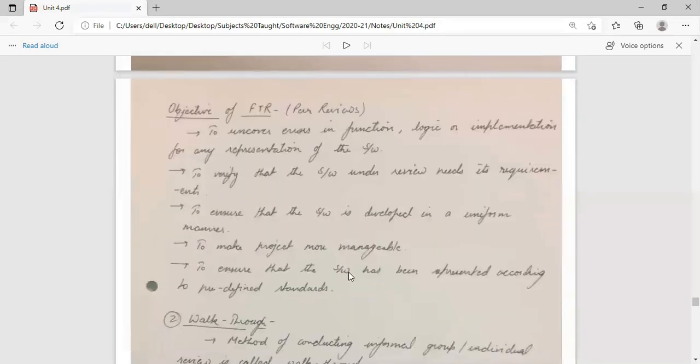Third, to ensure that the software is developed in a uniform manner, to make the project more manageable. More manageable in terms of following the budget of the software which is defined and the time limit within which the software is to be delivered. And to ensure that the software has been represented according to predefined standards. So it has to make sure that standards, that means quality standards, are also being met by the team.